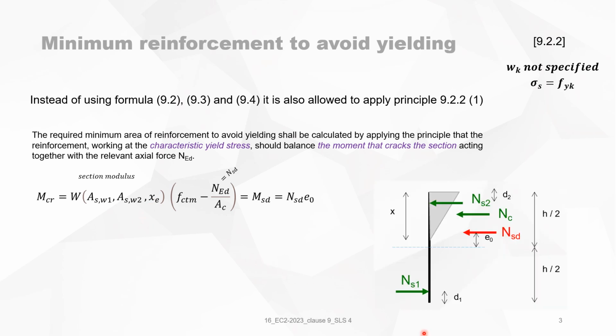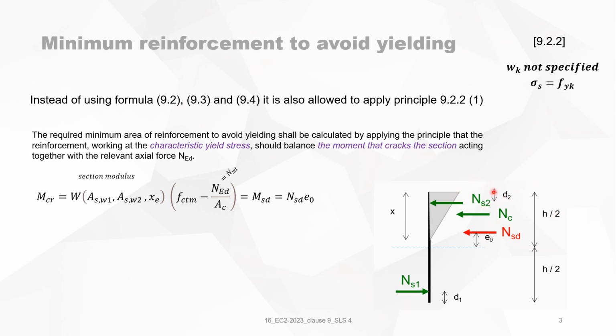We now look at a simple section of concrete subjected to a bending moment, and it creates a compressive area with a depth of X. The geometric center, or the point of gravity of the section, we assume is mid-section at h/2.